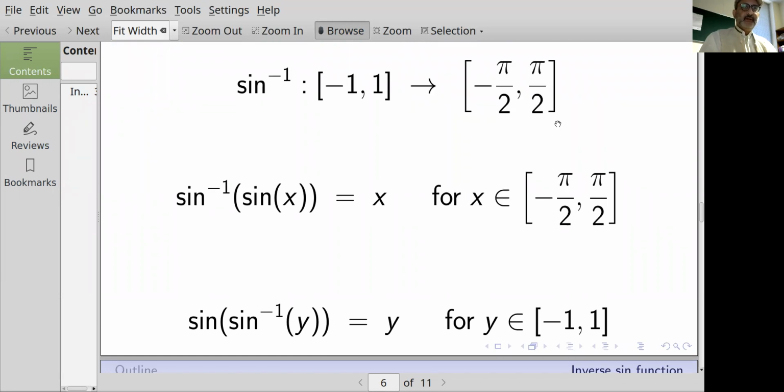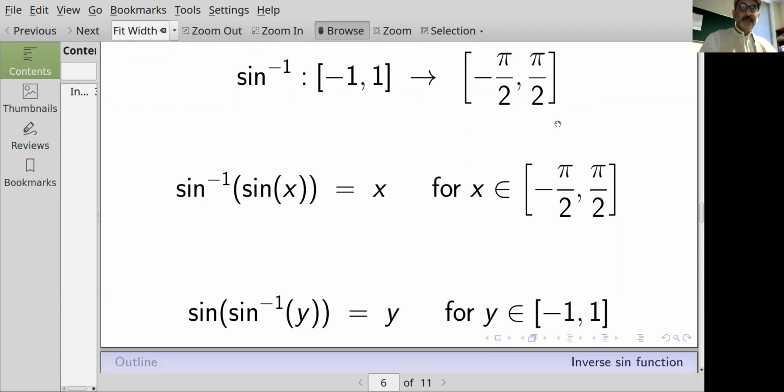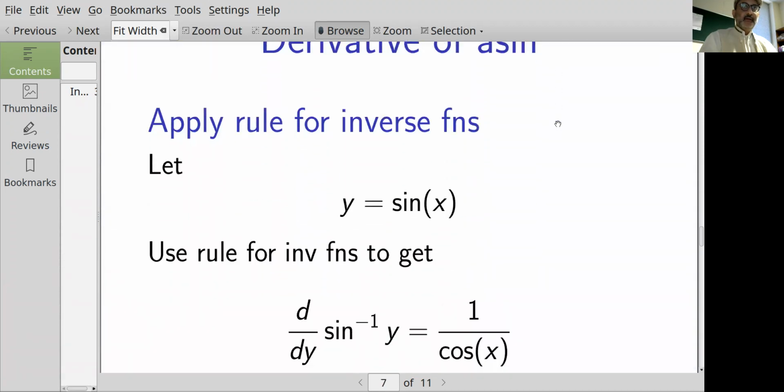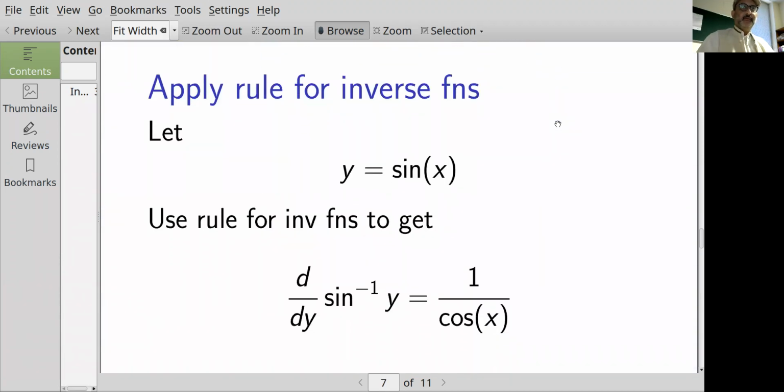And similarly, sine of the sine inverse of y equals y, for y in the domain of the inverse sine function. We're going to take the derivative using chain rule and implicit differentiation of that first equation. And when we do that, we get that the derivative with respect to y of sine inverse of y is equal to 1 over the cosine of x.